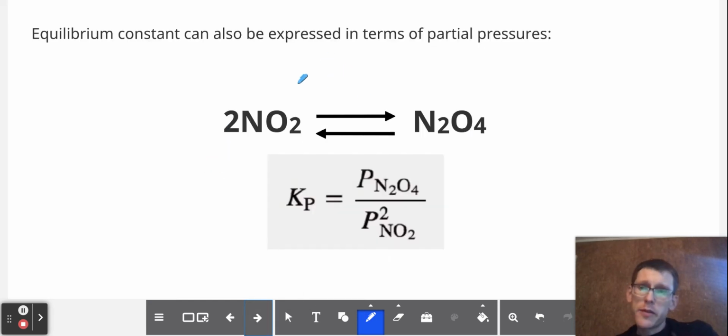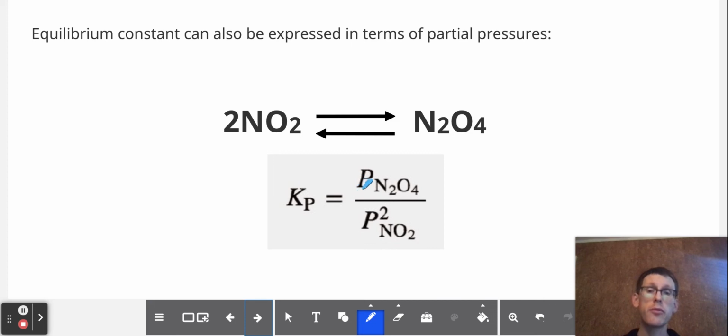A couple other things. It's worth noting that the equilibrium constant can be expressed not only in terms of concentrations, but also in terms of partial pressures. So sometimes you'll have concentrations of aqueous solutions, sometimes you'll have concentrations of gases. Well, you can also have partial pressures of gases.